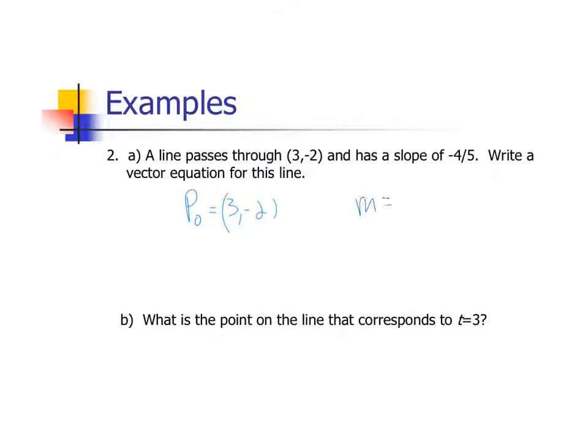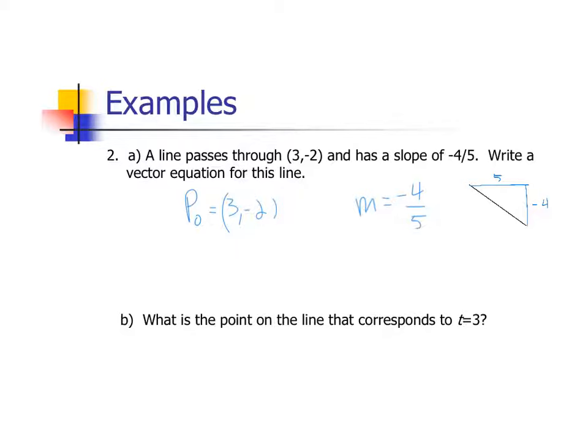And again, slope is rise over run. So remember, that's delta y over delta x, or the change in y's over the change in x's. So just to look at quickly here, if we had a slope of -4 over 5, it means we're going to drop 4 as we go over 5. So we go down 4 as we go over 5.